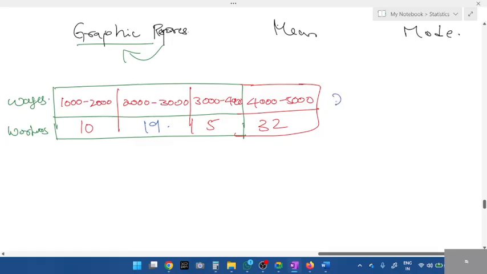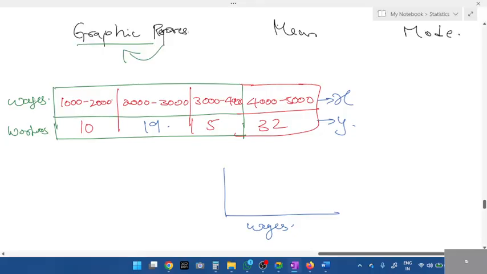Now we always take this as x-axis. The first one as x-axis, second one as y-axis. Now x-axis, whatever we get, we plot it here. X-axis value, wages. Fine. So now tell me, is this continuous or discontinuous?